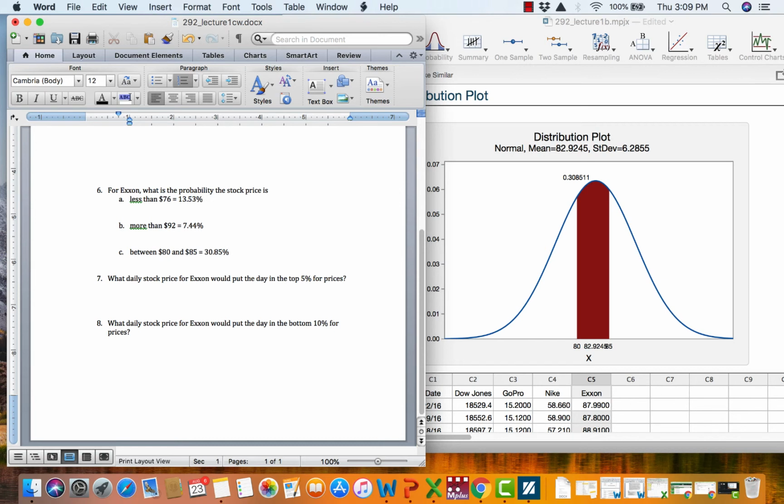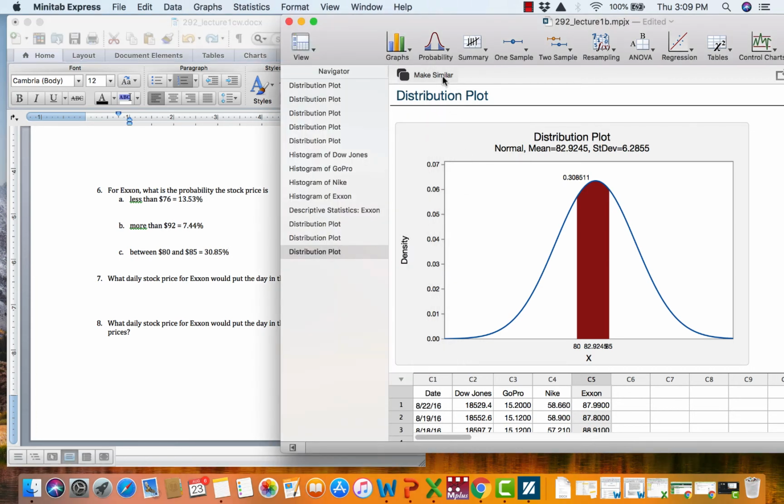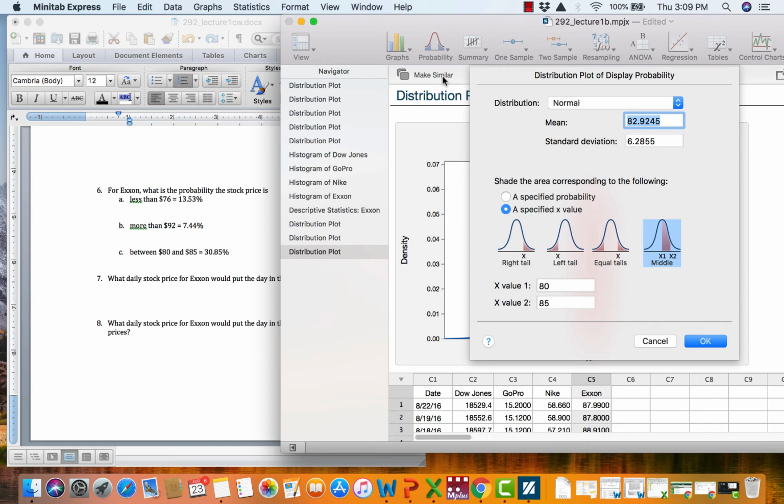All right, so we have found some probability, so now let's invert that. We want to find some values of Exxon stock. So number 7, what daily stock price for Exxon would put the day in the top 5% for prices? We can go into make similar, because we really don't want to type this mean and standard deviation again.